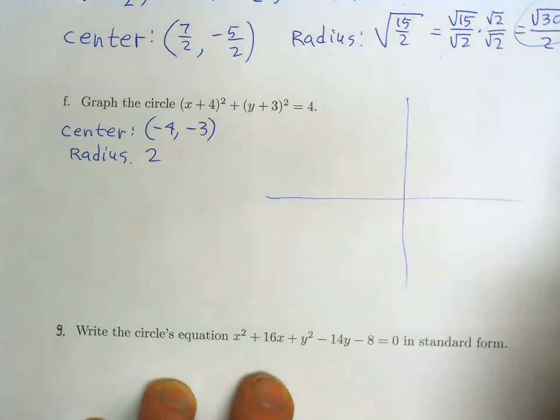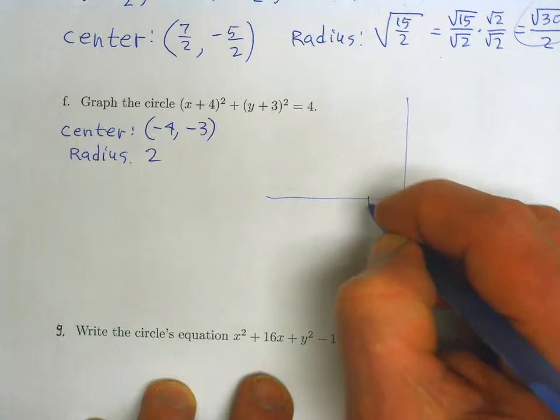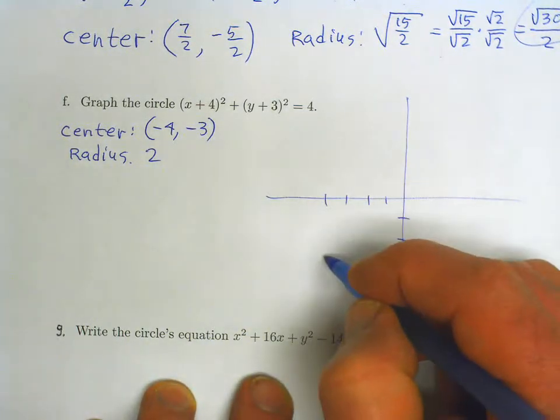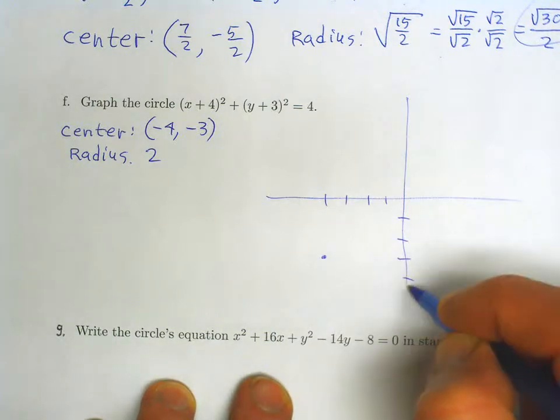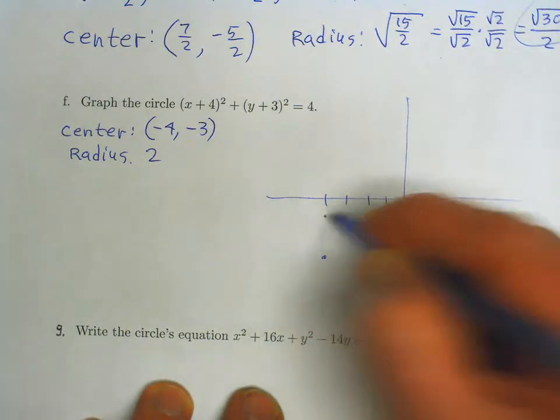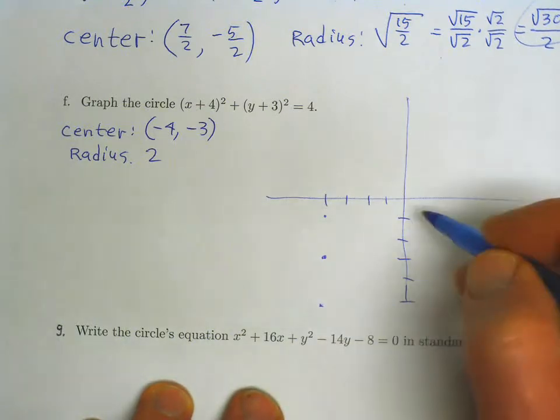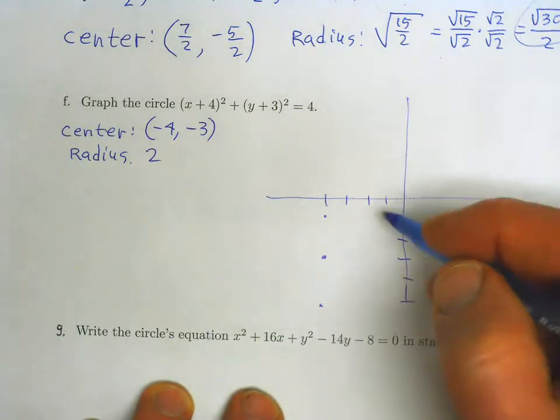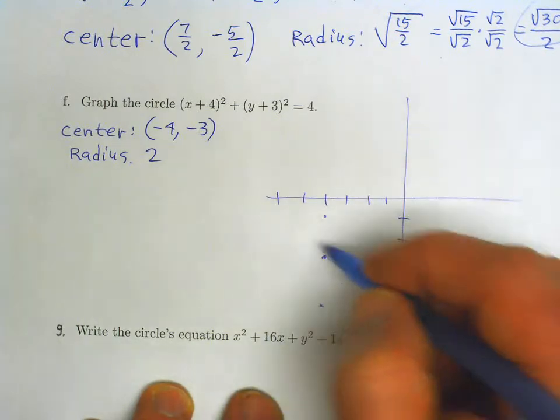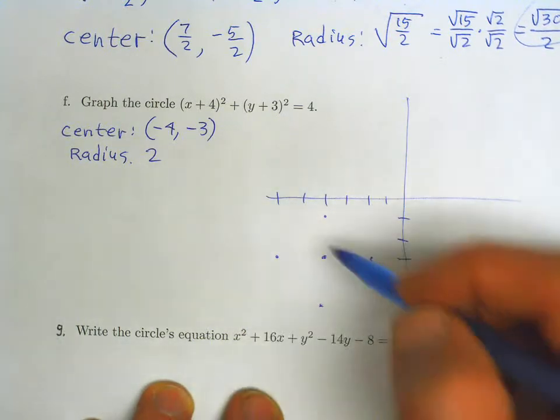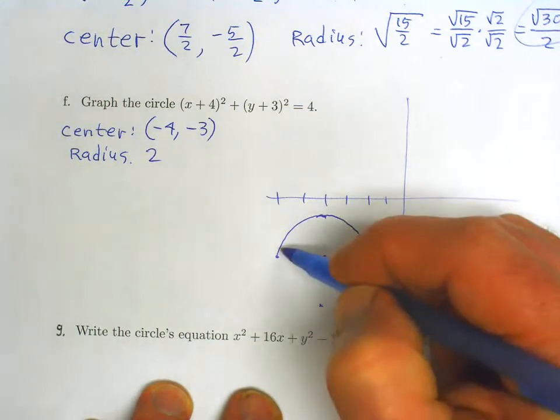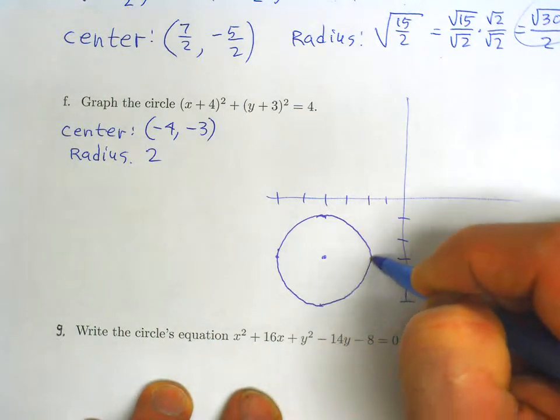Anyway, plot the point -4, -3. And then the radius is 2, so we can find 2 points on the vertical line that's through the center, 2 points on the horizontal line, and then attempt to draw a circle through those points.